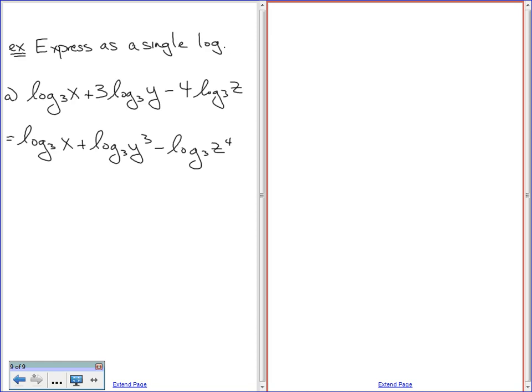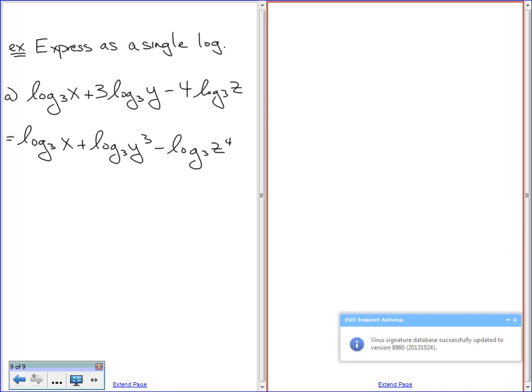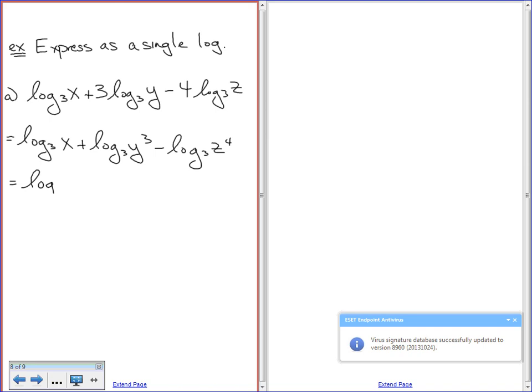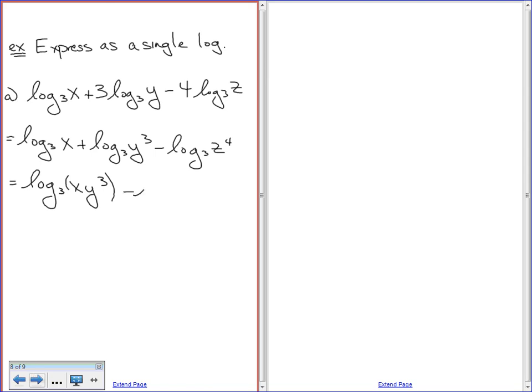So to combine this into a single logarithm, the log of x to the base 3 plus the log of y to the exponent 3 to the base 3 can be combined into a single logarithm by multiplying it. Subtract the log of z.